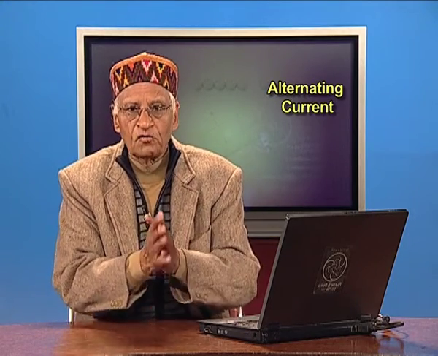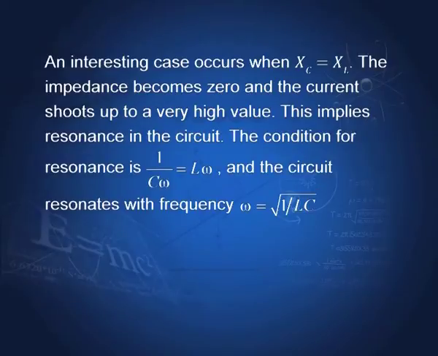It is there always, maybe small. This is called the case of resonance, that is, when omega is equal to 1 by square root of LC, at this frequency there is resonance. Both Xc and XL are equal, and therefore, the difference, that is the impedance, is 0, and therefore, the current shoots up.